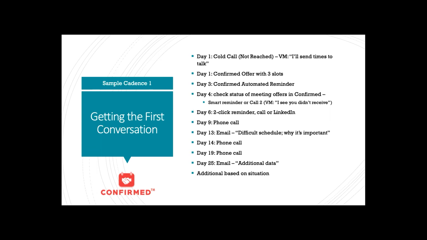You don't have to give them any more information than that. Perhaps I just wanted to give you a call and let you know it was there. Feel free to check in your clutter or in your spam folder just in case you didn't see it. And we can try again later if you can't find it. Or you can click in order to send another reminder. Or you can click, copy a link, and put it into LinkedIn or into an SMS text. So there are all sorts of different things you can do.